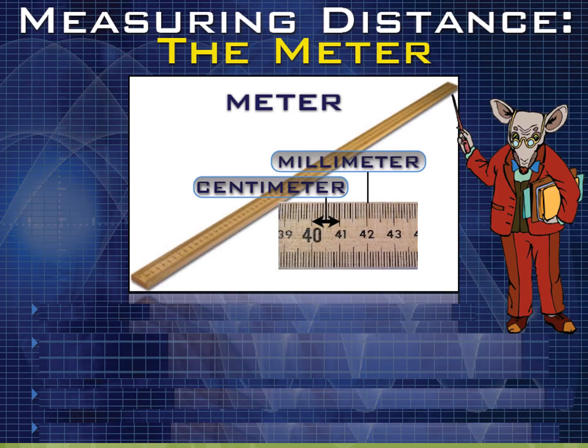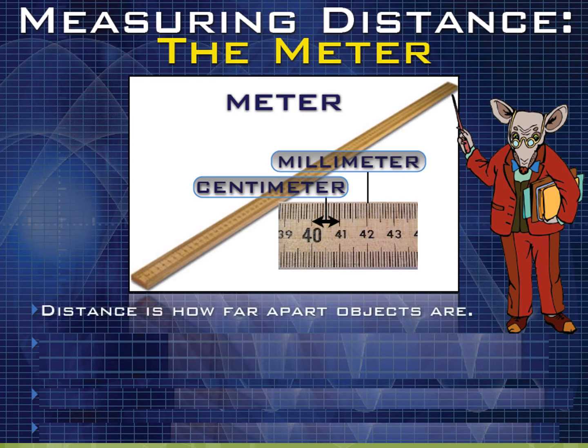All right, measuring. So when you're measuring, you have a meter. You're measuring distance, how far apart an object is. So on a meter stick, you have the centimeter. The centimeter is each big number, and then in between each one is a millimeter, which 10 millimeters make up a centimeter.